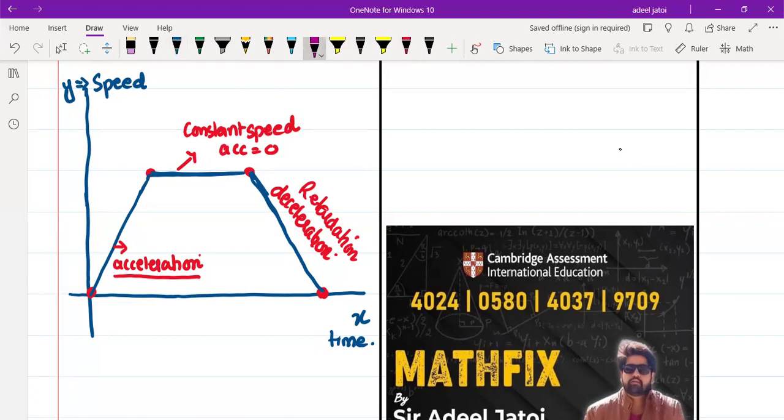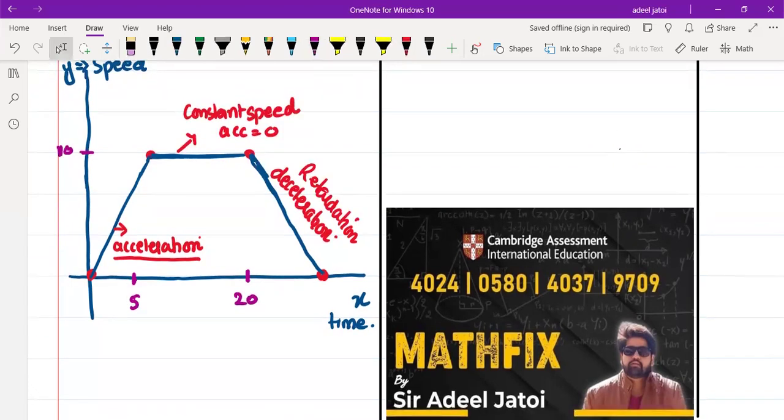Now, let's just work upon this. If I tell you this is 5, this line is 10. Let's take this as 20. From this to this, let's take this as 5. Let's change this 5 to 8 so that we can easily find the values.